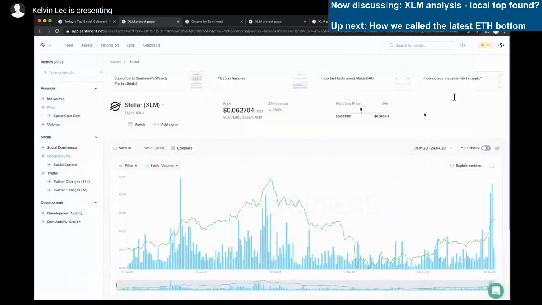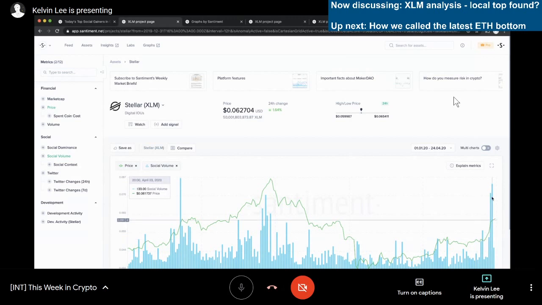Over here, we have switched to the social volume to take a quick look at why it is on the emerging trends. You can see that over the past few days, since the run-up that started this week, we have seen a huge spike in social volume. Generally, this is a very worrisome sign. As you can see, we have, I think, 133 mentions.